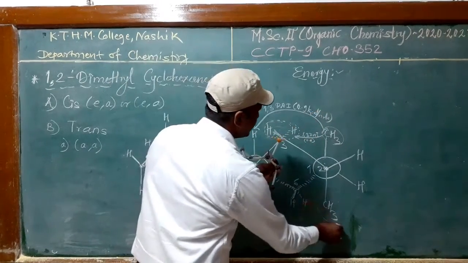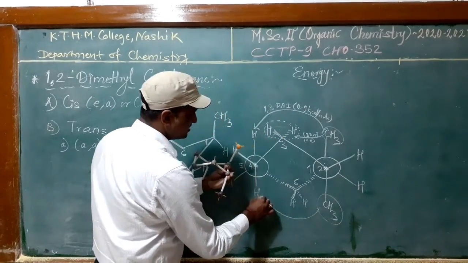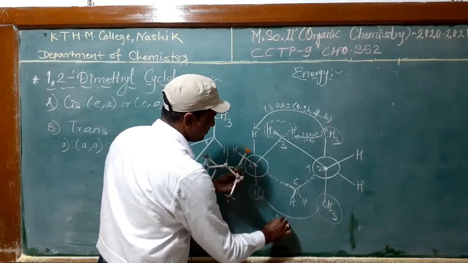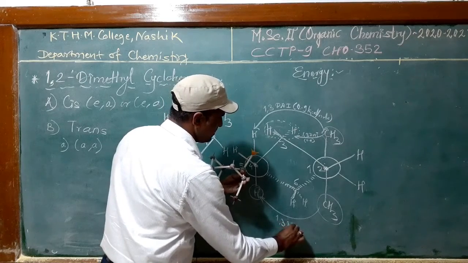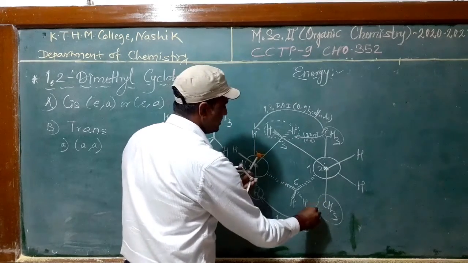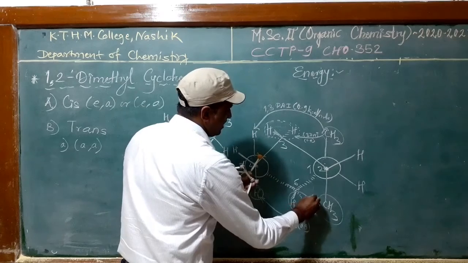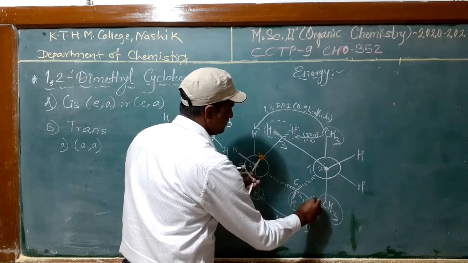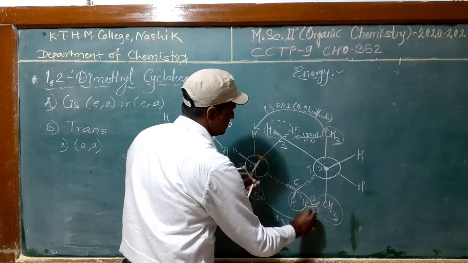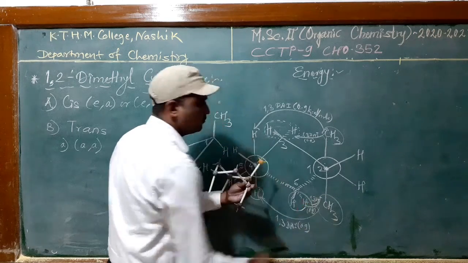This downward direction CH3, carbon number 2 CH3, creates a first 1,3-diaxial interaction having energy 0.9, and a second 1,3-diaxial interaction with one of the axial hydrogens, energy 0.9.